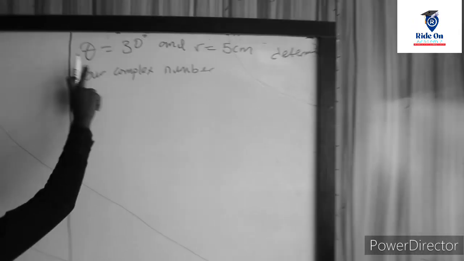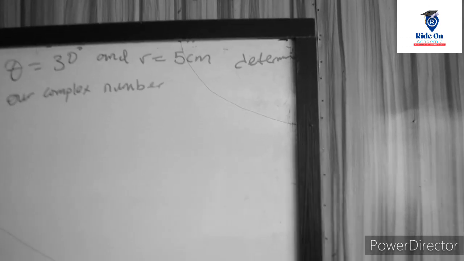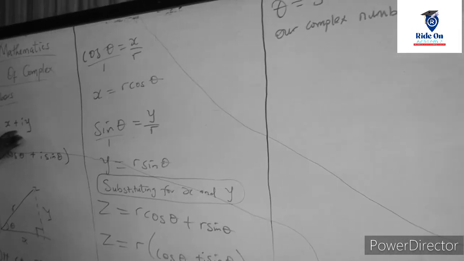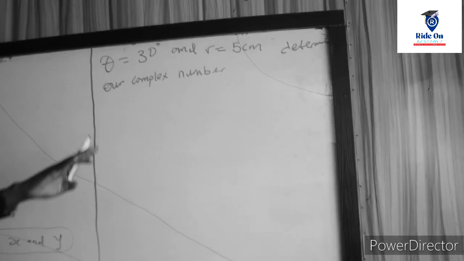Alright, so we are given that our theta is 30 degrees and our modulus is 5 centimeters, and we are asked to determine our complex number, meaning we are asked to extract the rectangular form. But now, what we are given here, we are going to use our polar formula to derive our rectangular form, okay?